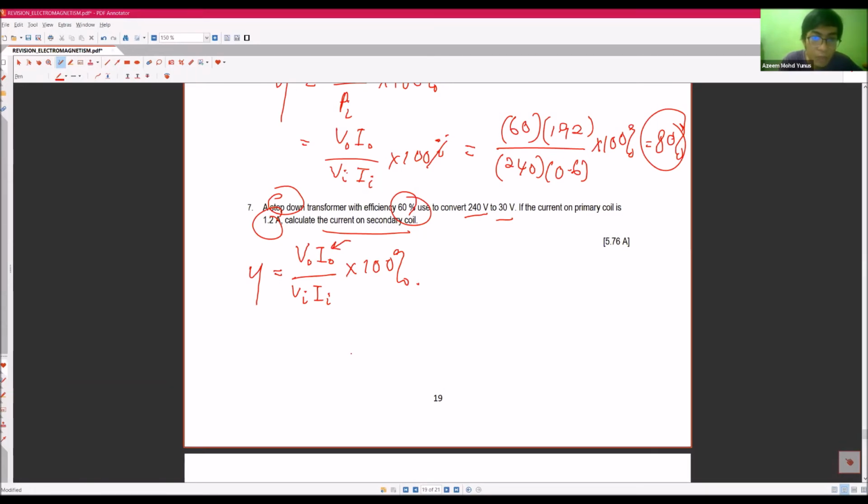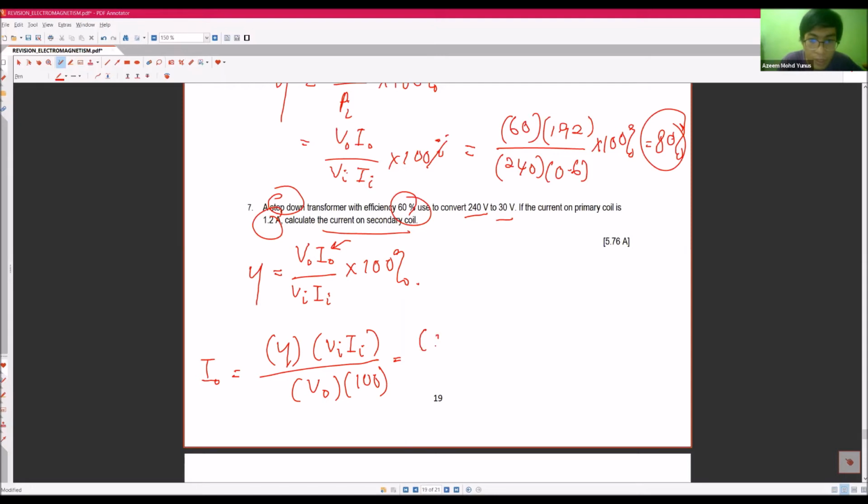So we need to rearrange. Efficiency times V input times I input, divided by V output and 100, to get the I output.